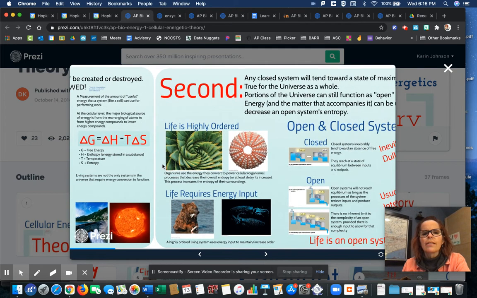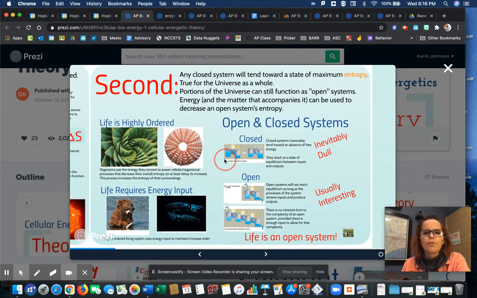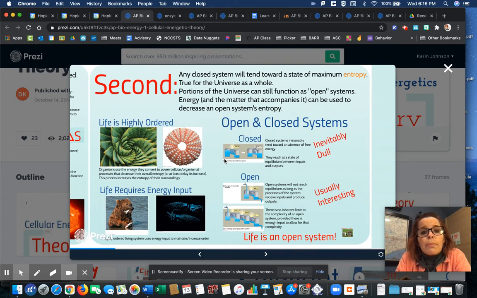Let's take a look at the second law of thermodynamics, which is the one about entropy. Entropy is one of those words that it's so easy to get turned around in your head. Entropy means disorder. Any closed system will tend toward a state of maximum disorder, maximum entropy. For life, maximum entropy is death. That's a funny way of saying it, but for any living organism, when we hit our maximum entropy, we are dead.